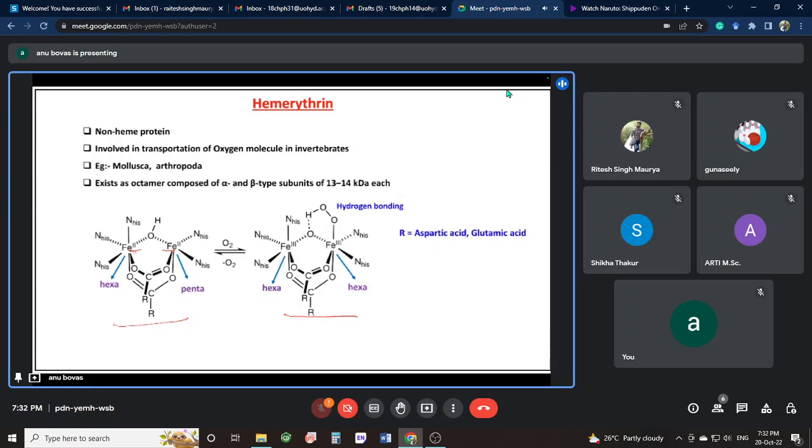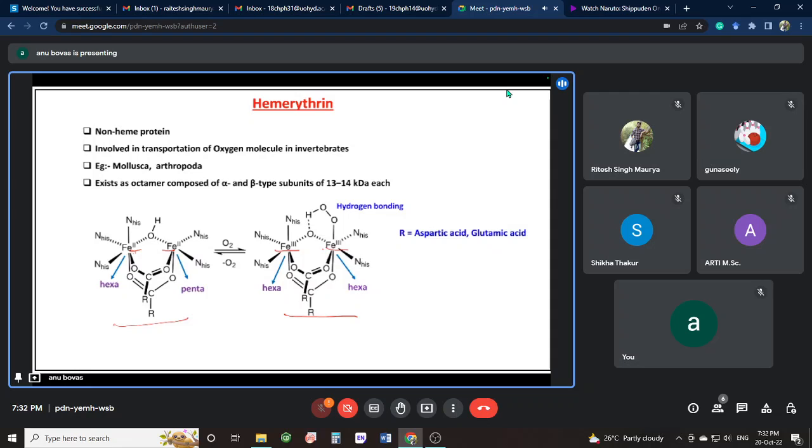So per hemerythrin, we have 2 iron centers. And in deoxy state, iron exists in Fe2+ oxidation state, whereas in oxyhemerythrin, iron exists as Fe3+ oxidation state. Okay, first point.